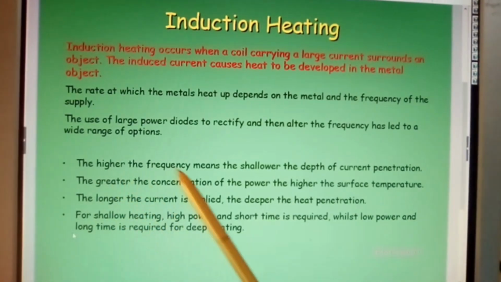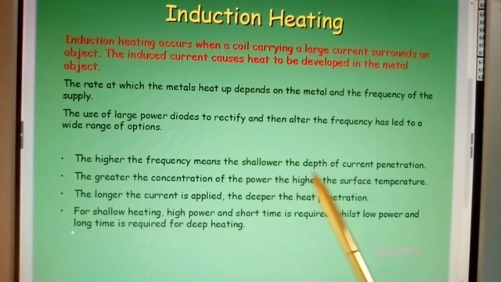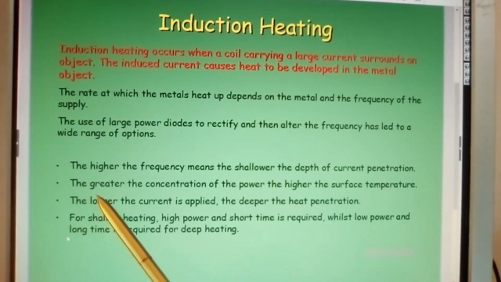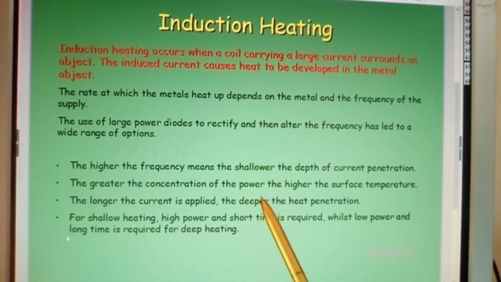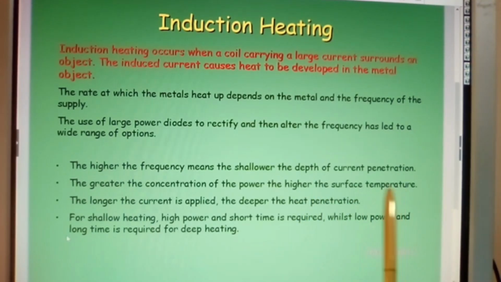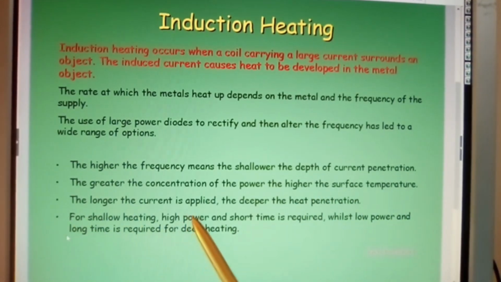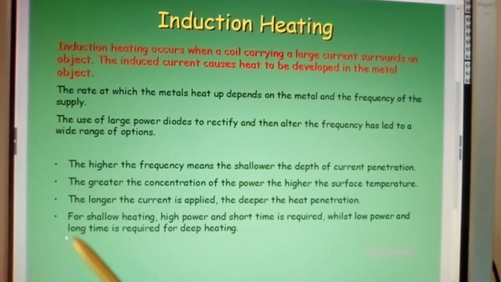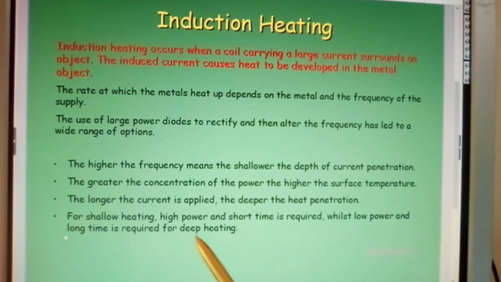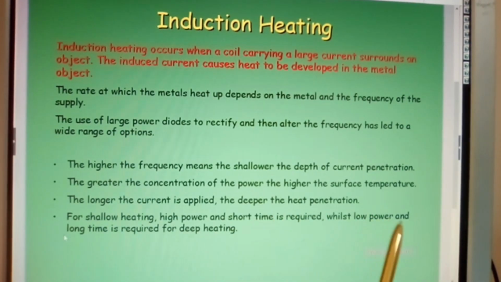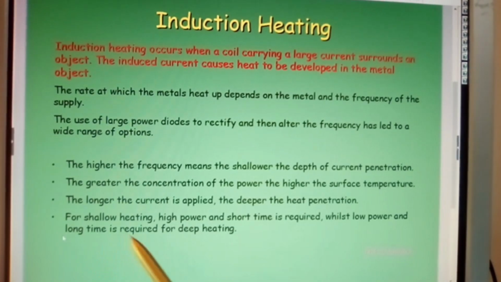The higher the frequency, the shallower the depth of current penetration. The greater the concentration of the power, the higher the surface temperature. The longer the current is applied, the deeper the heat penetration. For shallow heating, high power and short time is required, whilst low power and long time is required for deep heating.